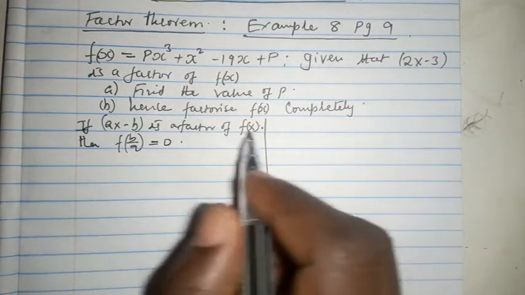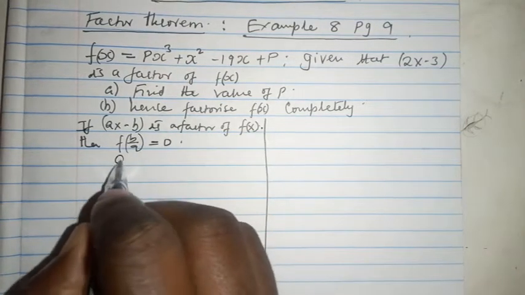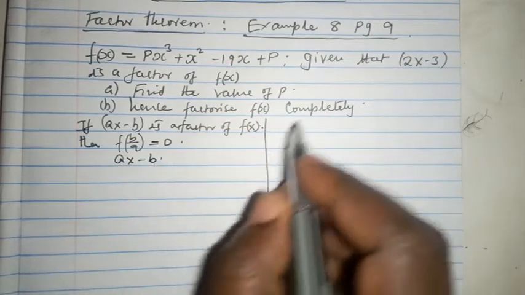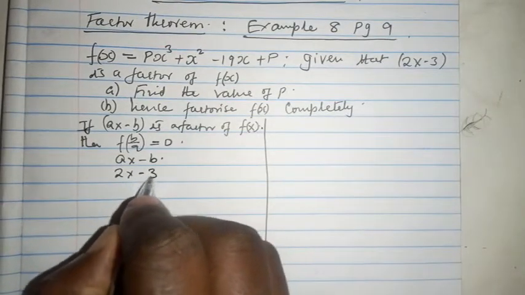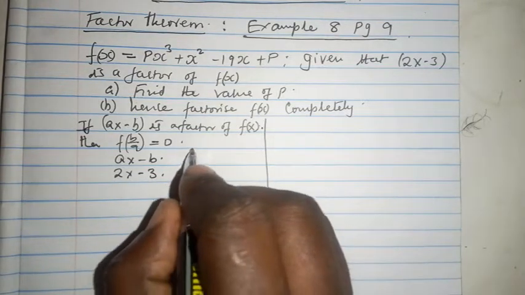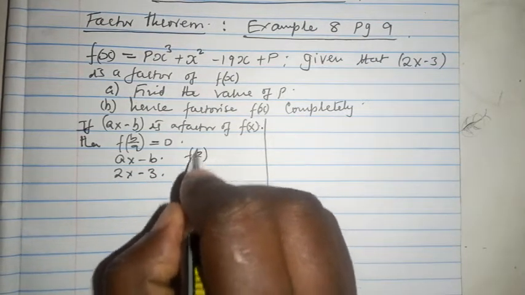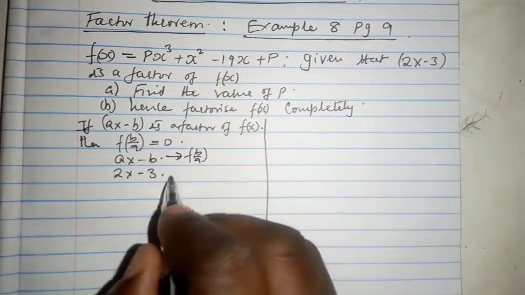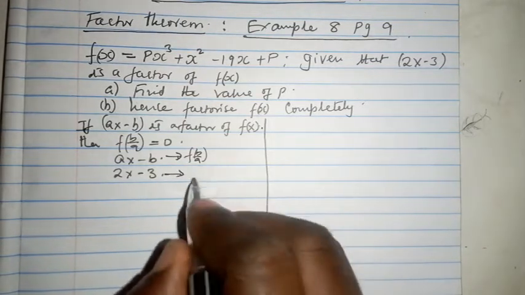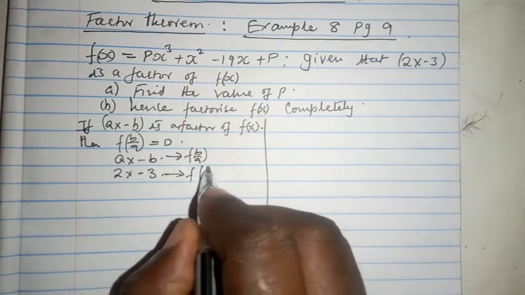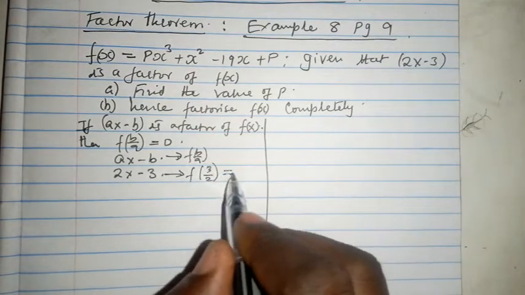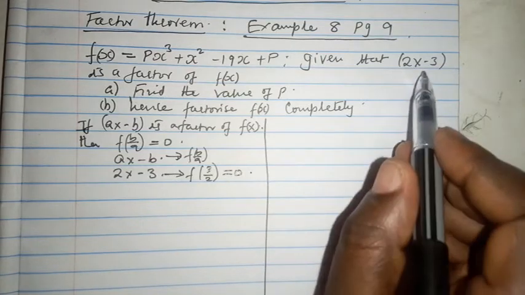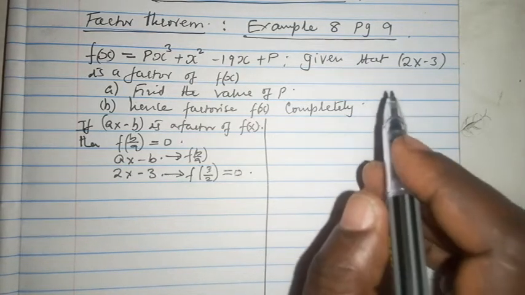There is a general comparison, ax minus b, and in our question we have 2x minus 3. So f(b over a) is going to be f(3 over 2), which must equal 0 if 2x minus 3 is a factor.